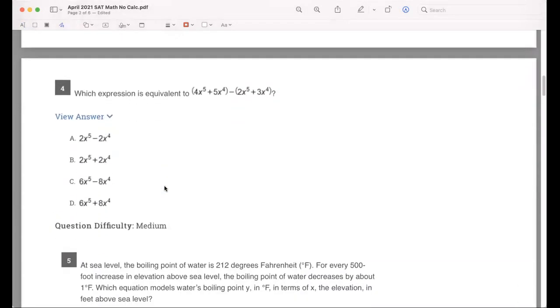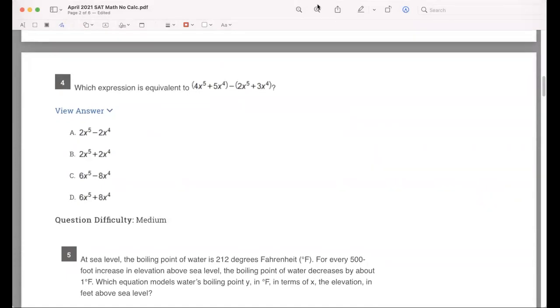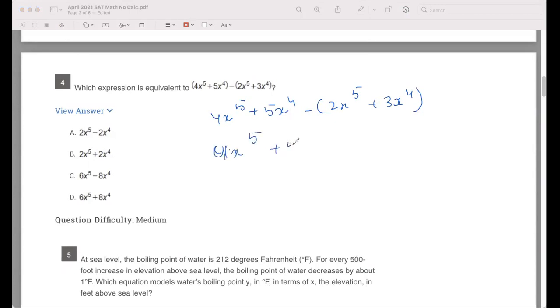Let's move on to question 4. Which expression is equivalent to 4x to the power 5 plus 5x to the power 4 minus 2x to the power 5 plus 3x to the power 4? So let's open the bracket. 4x to the power 5 plus 5x to the power 4 minus 2x to the power 5 minus 3x to the power 4.